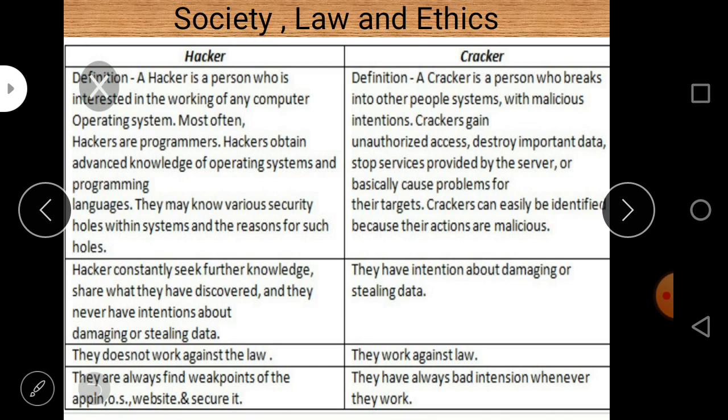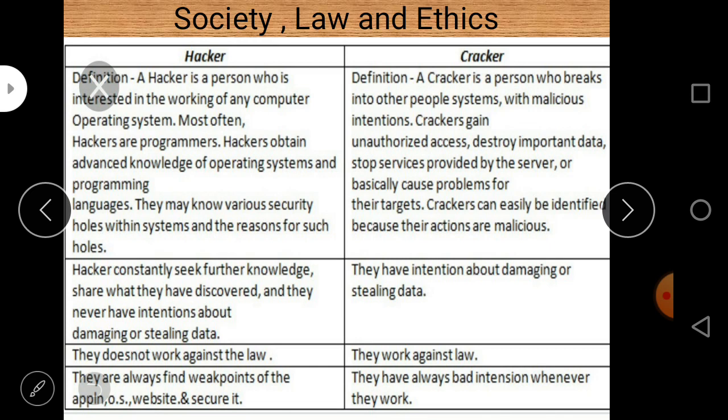The second important point about hackers is that they constantly seek further knowledge and share what they have discovered, and they never have intentions of damaging or stealing data. As I told you earlier, hackers have no malicious intentions.